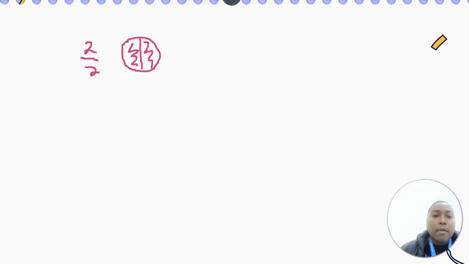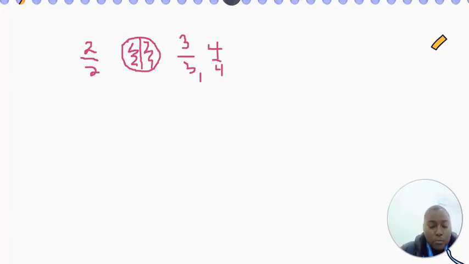Either way, even though it's cut into 2 parts, it's still one whole piece. So we can say the same thing about 3 over 3, about 4 over 4, 5 over 5, 6 over 6, all of those numbers, when you have your numerator and your denominator matching, that will be the same number.